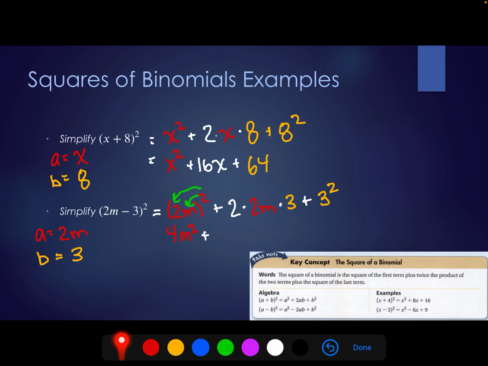Well, 2 times 2 times 3, that's 12. And then we have this m, so this will be 12m. And then last we have this 3 squared. And we know 3 squared is equal to 9. So we just add on that 9 at the end. And there we go. There we have it. We simplified squares of binomials using these rules right down here.